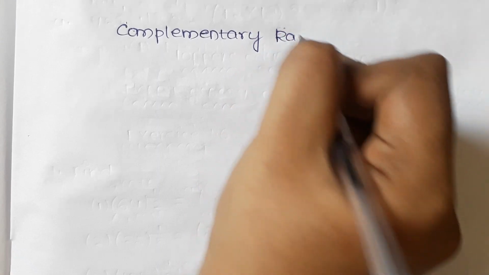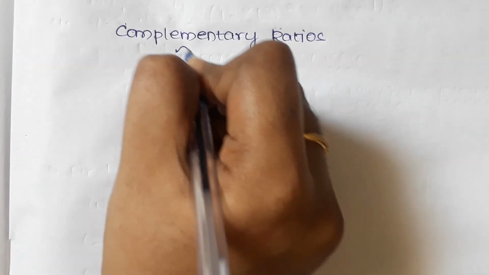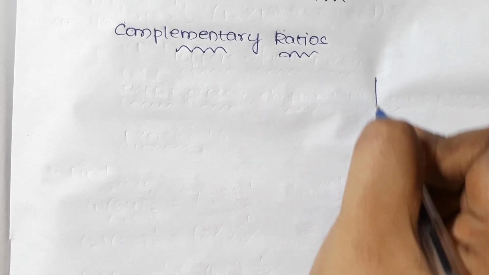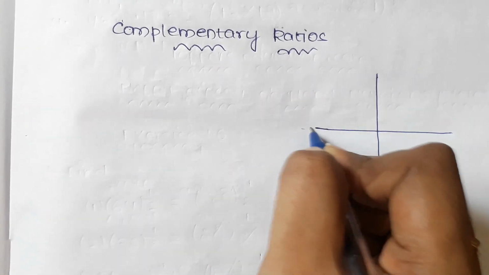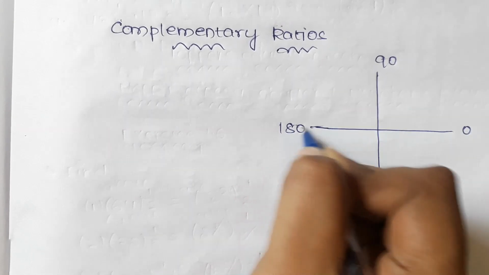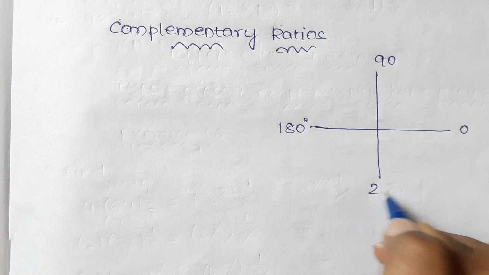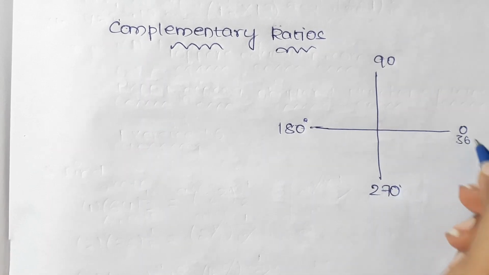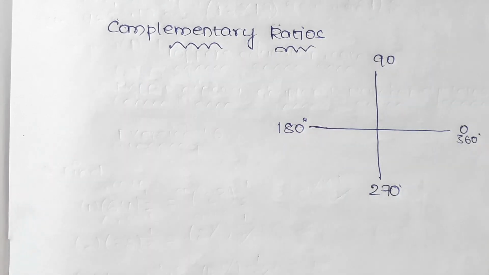Now let us see the complementary ratios for the 4 quadrants. Here let us draw the 4 quadrants: 0, 90, 180, 270 and finally 360 degrees, that is 2 pi.